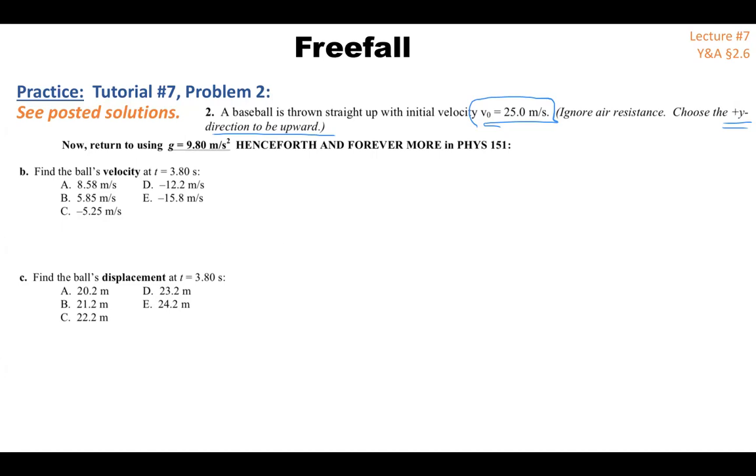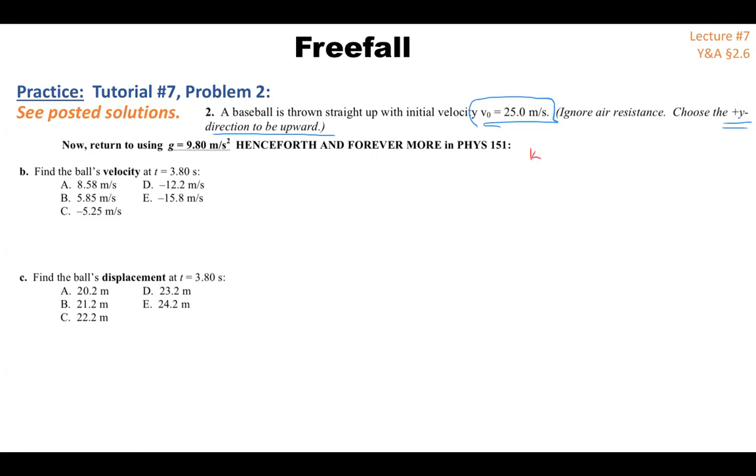Now, let's answer some of these questions. How could we find the ball's velocity at any fractional time? Well, look back at your table of equations for kinematics with constant acceleration and think about what we know and what the unknown is that you're trying to solve for.